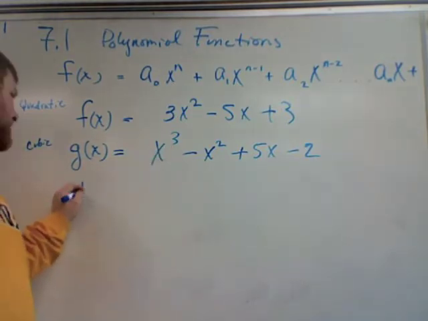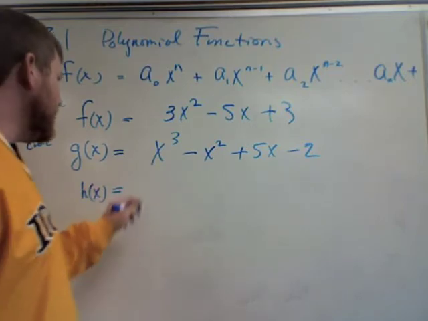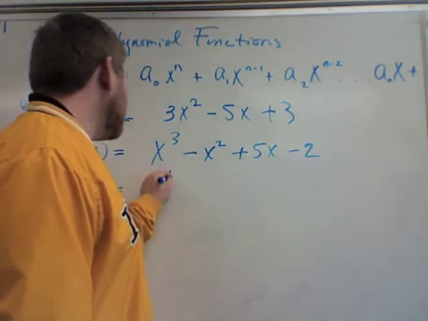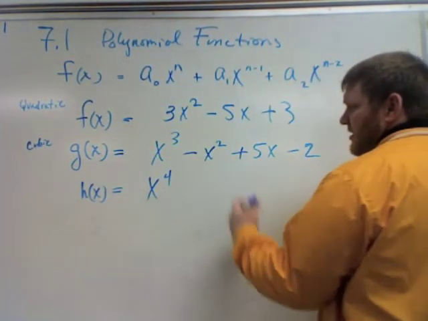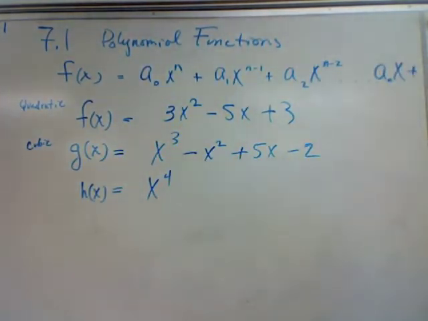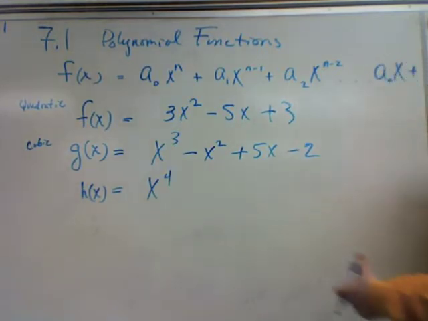Okay, and then you have h of x. Obviously you can keep going as high as you want. Now, to be considered, say in this case, a 4th degree polynomial, do I have to have all the terms in here? No, I don't.